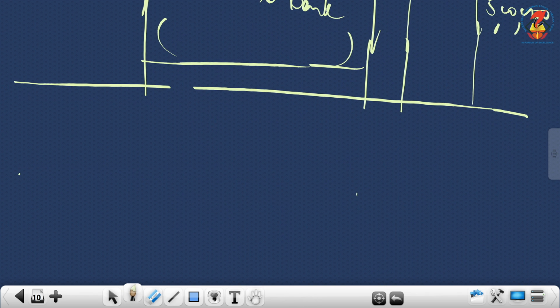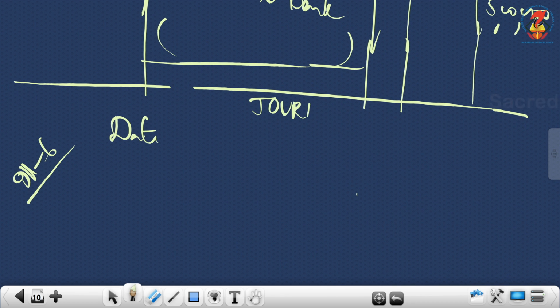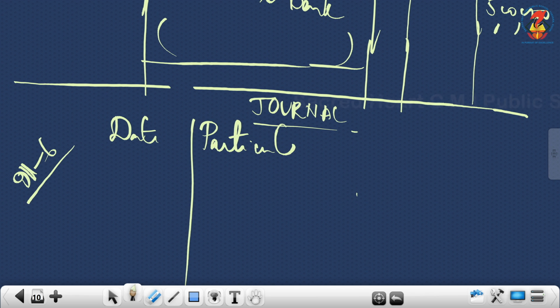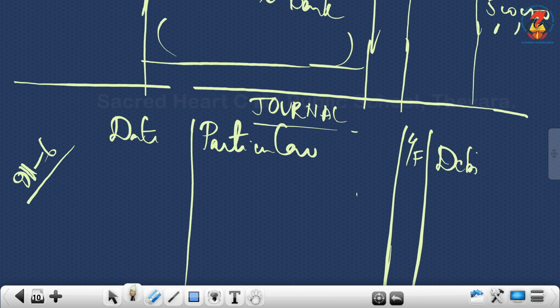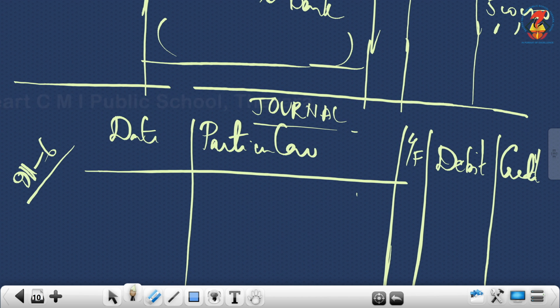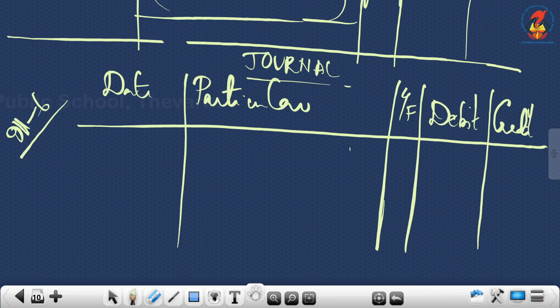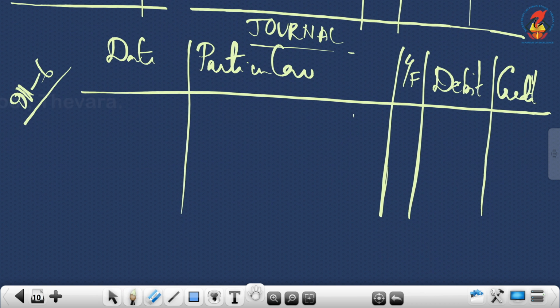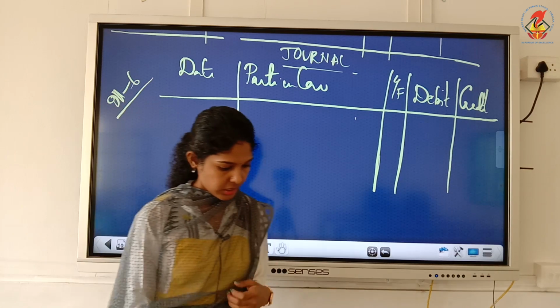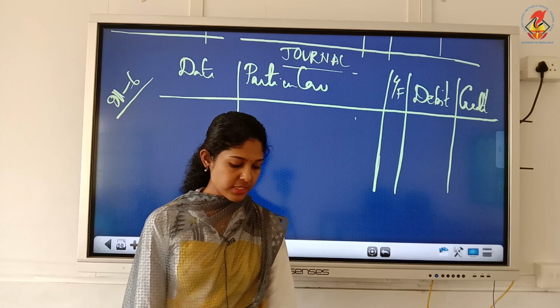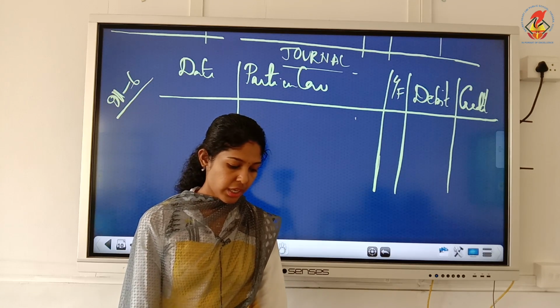Draw the format. Yes, so illustration 6, SRCC Limited, an unlisted non-NBFC.